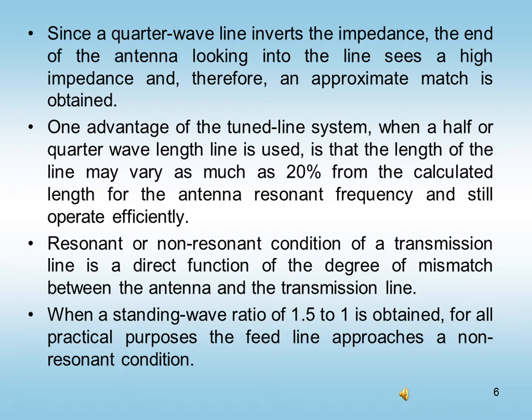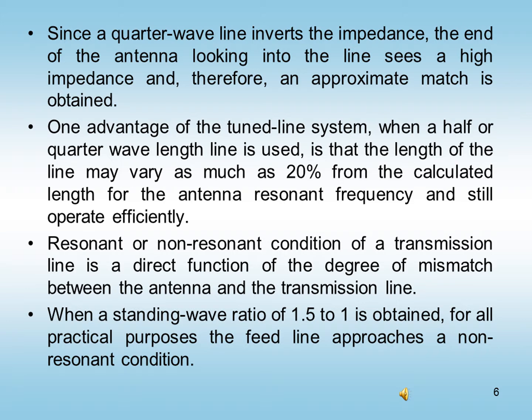This means that although you design the line, the actual length may vary from the calculated value by as much as 20% for the antenna resonant frequency, and the line can still operate efficiently.